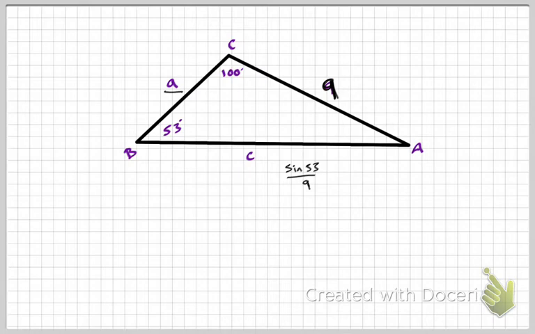That gets us an angle measure of 27. So then the sine of 27 over A, there's our first equation, and let's make our other one. The sine of 53 over 9 equals the sine of 100 over C.